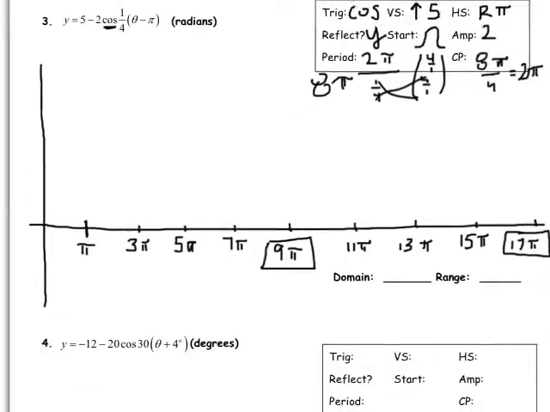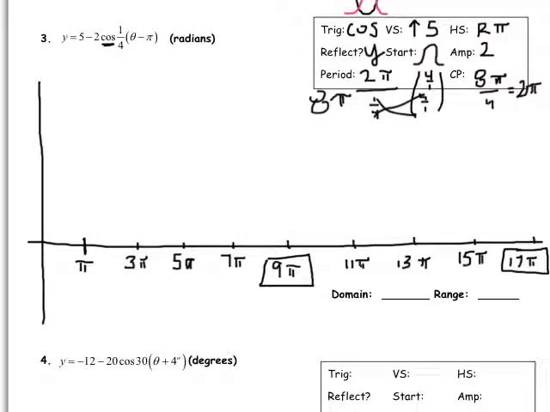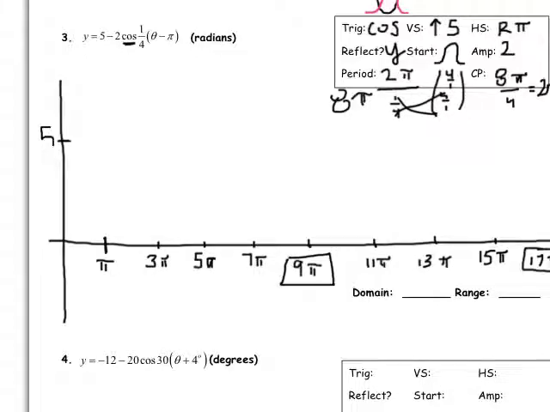Alright, let's do our vertical shift up 5. And an amplitude of 2 ends at 3 and 7 then.